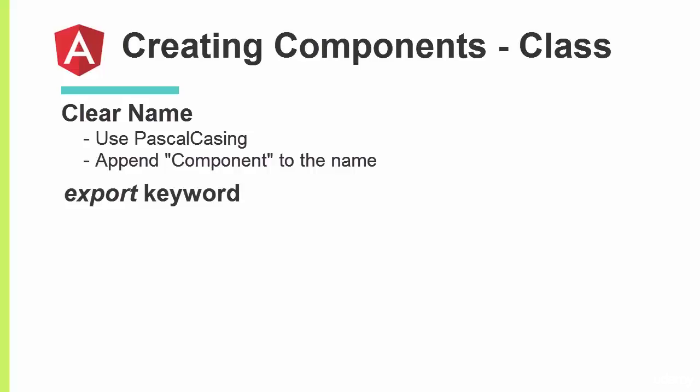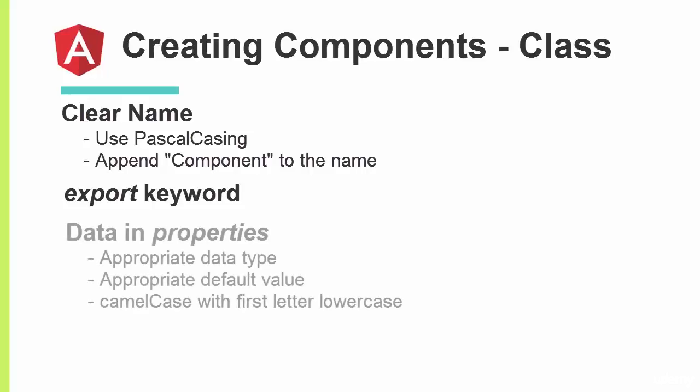Remember what the export keyword does. It makes the class accessible to be imported by other parts of the application. If the component view displays data, such as a title, the data element is defined as a property of the class. To leverage TypeScript strong typing, be certain to set the appropriate data type for each property and set a default value where appropriate.